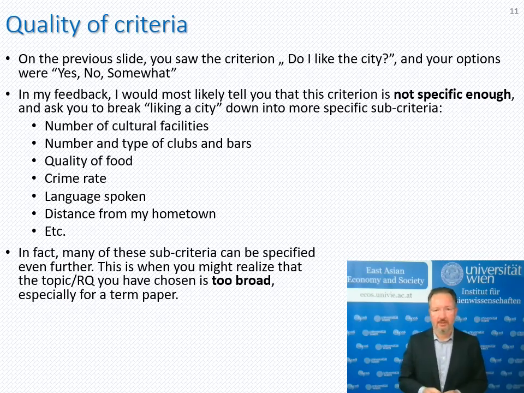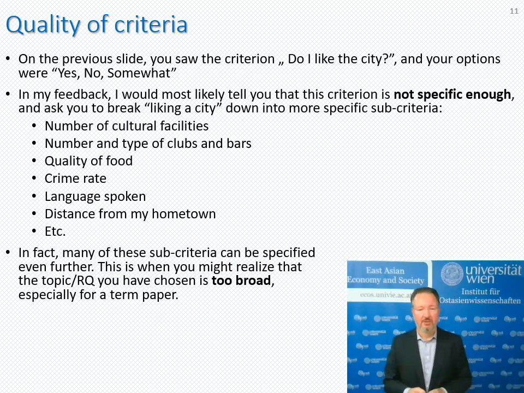And as you see here on the slide, you can actually break this down into quite a number of rather specific sub-criteria. Like, am I interested primarily in culture? Then you might, for example, look at the number of cultural facilities. Or am I interested more in the nightlife? Then you want to see, is there a nightlife, and how does it look, and so on and so on.